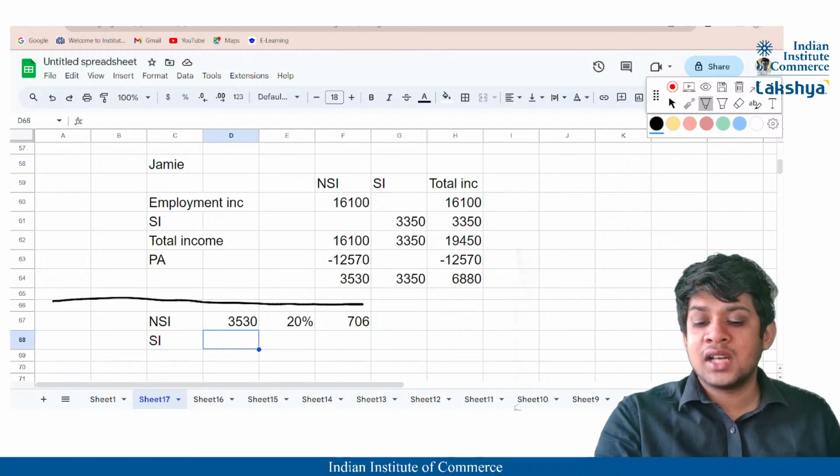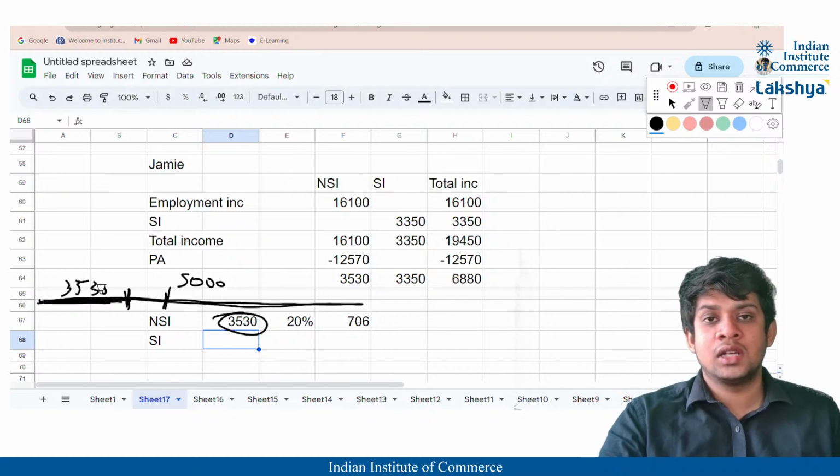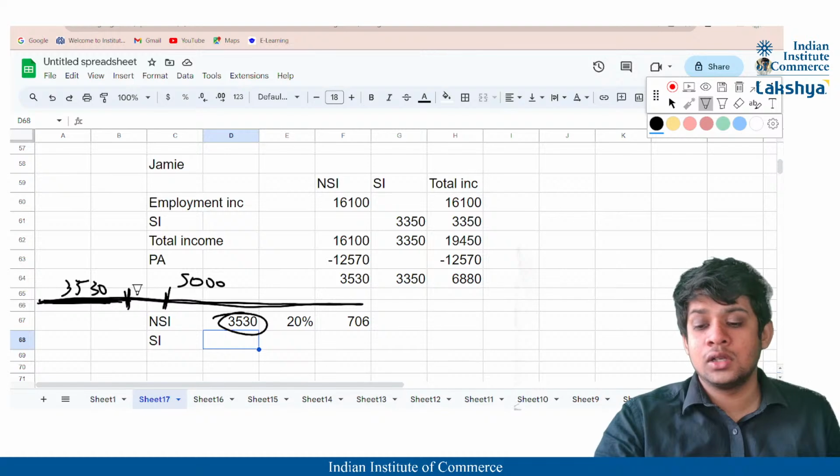If this is my band starting from 0, and here somewhere is my 5,000, out of which 3530 is already taken by the non-savings income. This part, maybe till here 3530, is already taken by the non-savings income, but my non-savings income is still falling short of 5,000, correct?